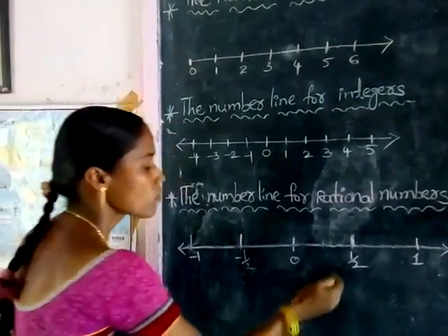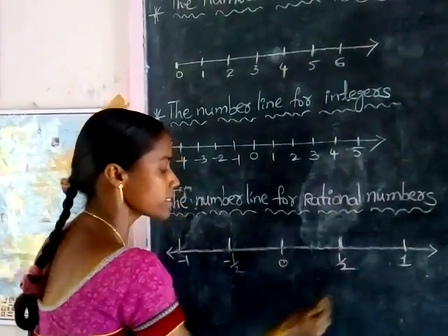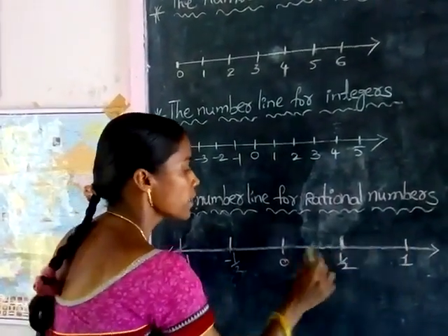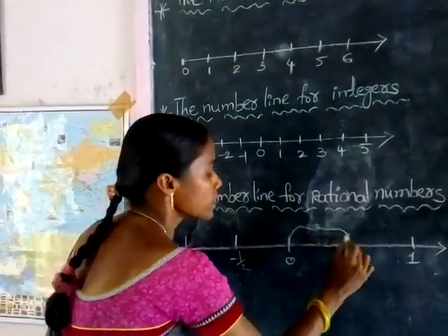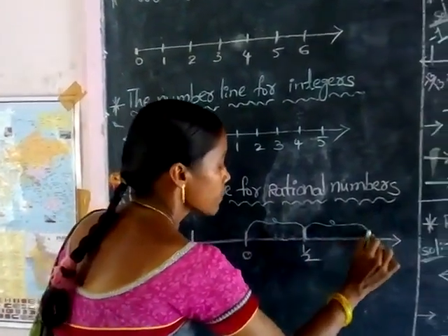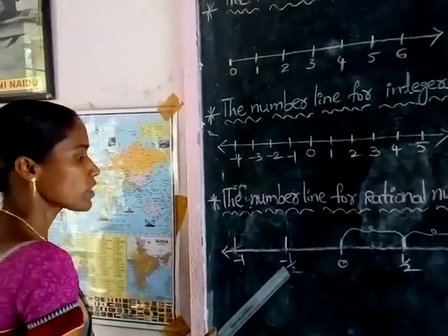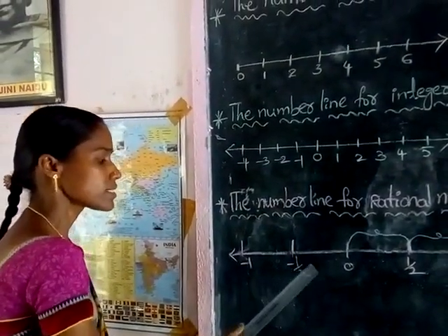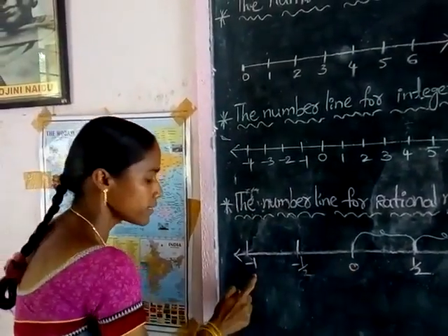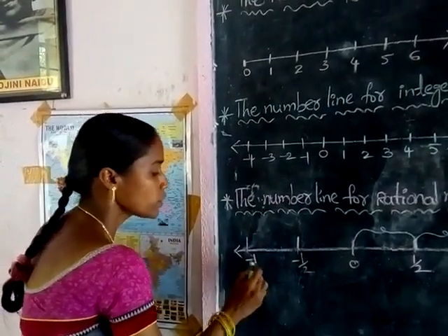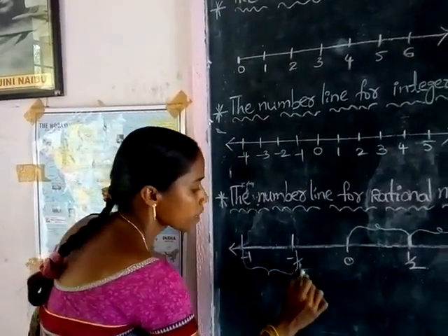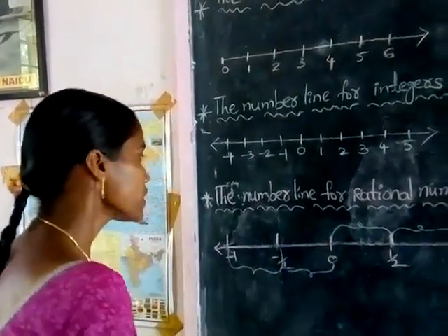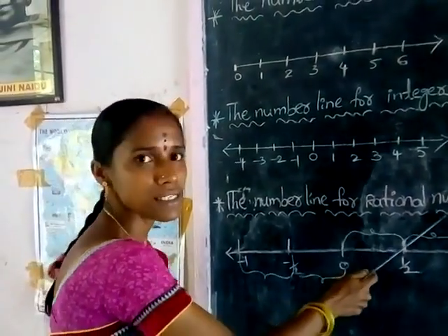This means 1 by 2 divides the distance between 0 and 1 into 2 equal parts. Similarly, minus 1 by 2 divides the distance between 0 and minus 1 into 2 equal parts. So this is the number line for rational numbers.